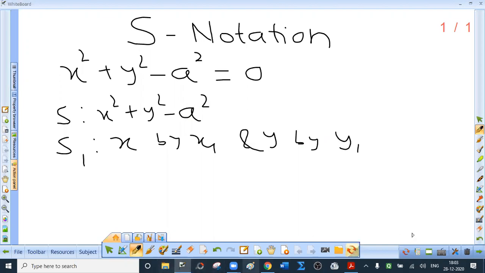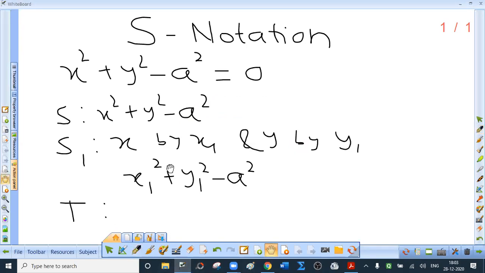I repeat, S1 is the expression obtained from S only, by replacing x by x1 and y by y1. So can you tell me what is S1 for this particular circle? Simple one. x1 square plus y1 square minus a square. Is that clear?